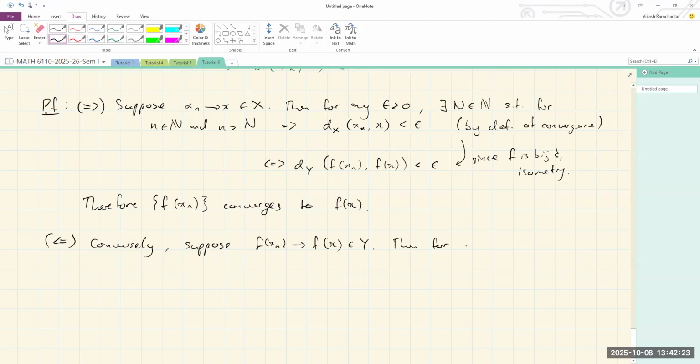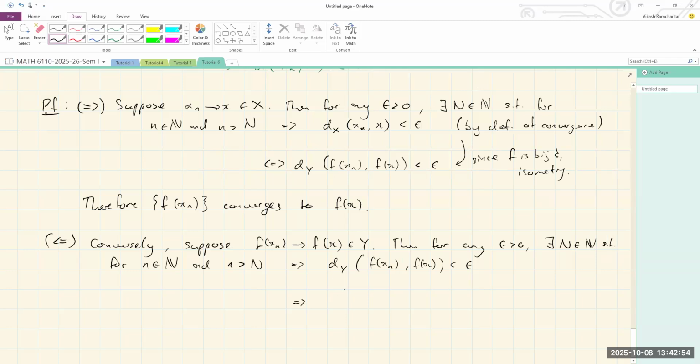Then for any epsilon bigger than 0, same story, there exists a natural number N such that for any other natural number bigger than this capital N, this implies, with the convergence taking place in Y, that the distance between f of xn and f of x is less than epsilon.